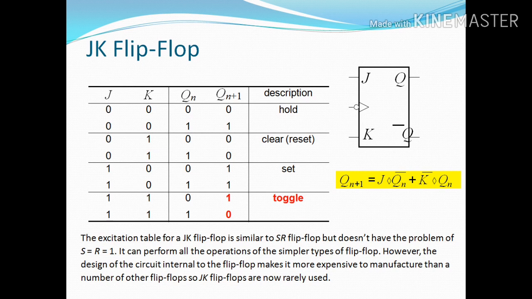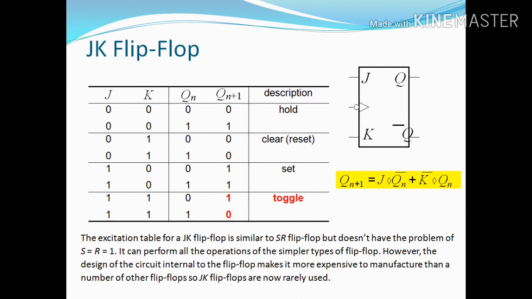Now come to the JK flip-flop. The excitation table of the JK flip-flop is similar to the SR flip-flop, but doesn't have the problem of S equal to 1 and R equal to 1. When J and K are both 1, whatever Qn is, it gives you the opposite value, so the toggle is coming. Otherwise, it is just similar to the SR flip-flop.